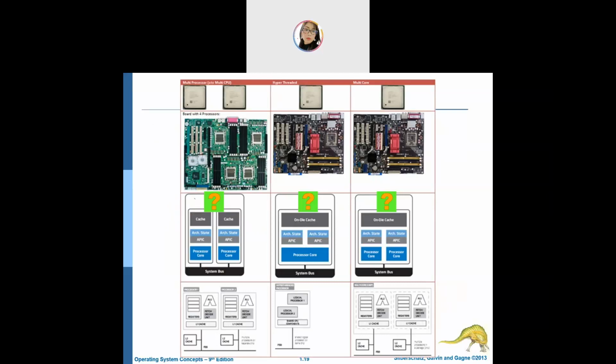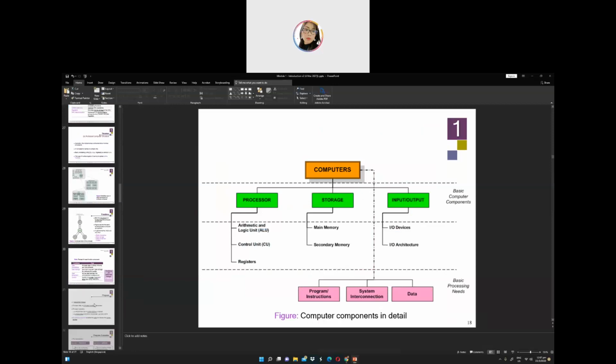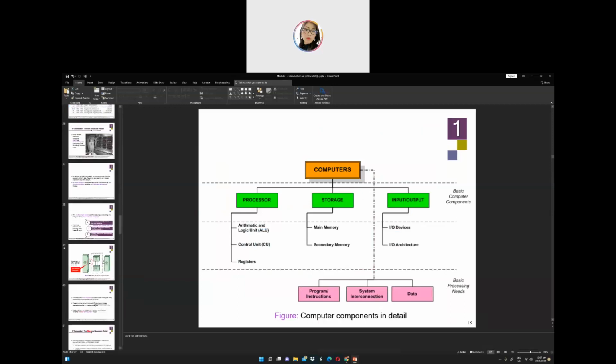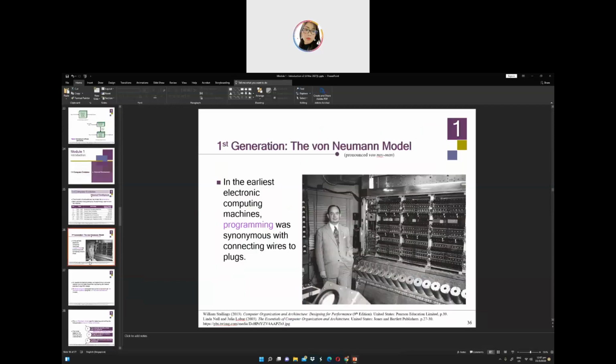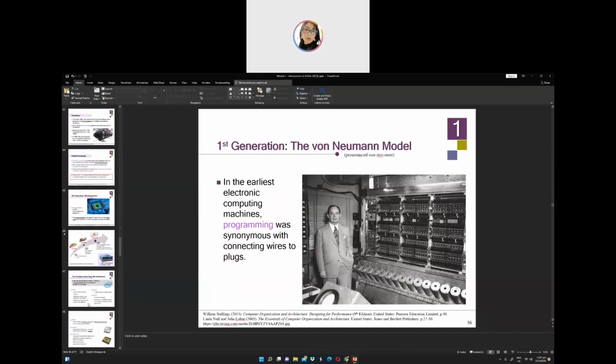Okay, in terms of this picture, I think you already looked at it in COA also. There is an evolution of the processor. This one is the computer from the last time, first generation.